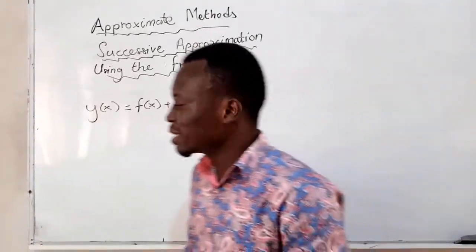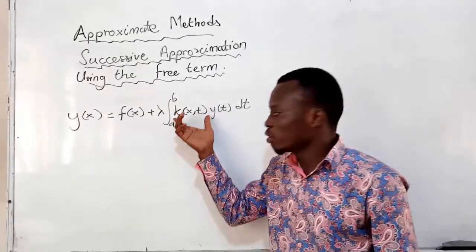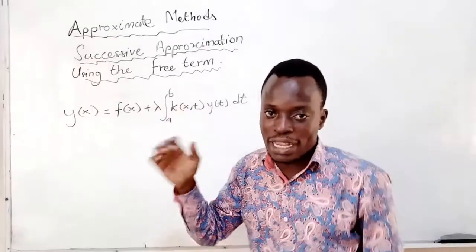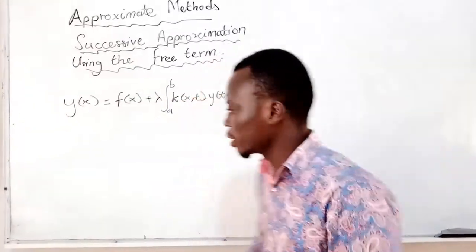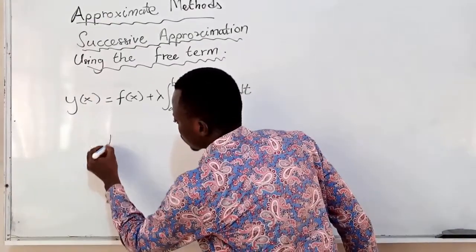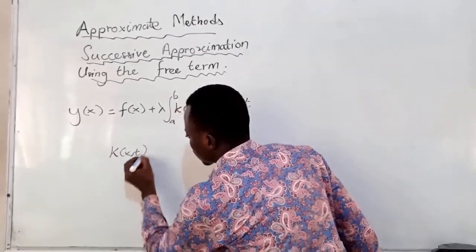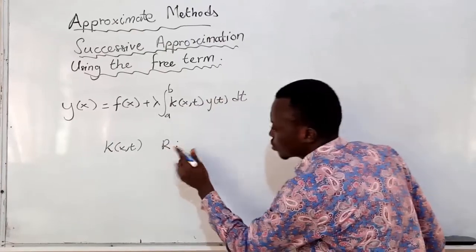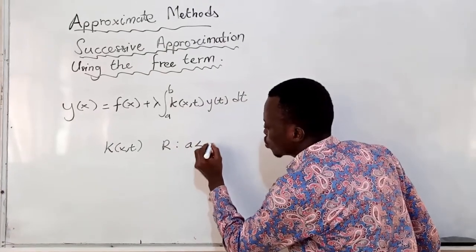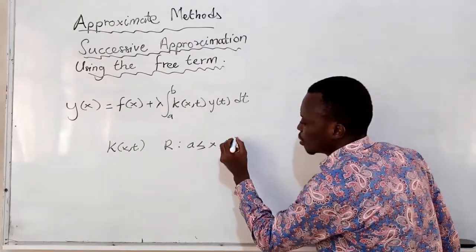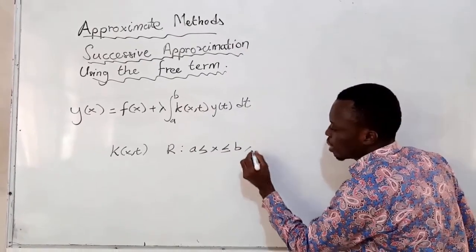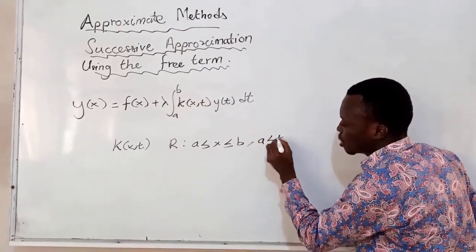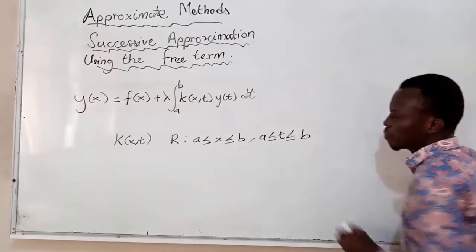In our previous video, we said that this kernel K of s,t is continuous in a square, a is less than or equal to s, which is less than or equal to b, a is less than or equal to t, which is less than or equal to b.